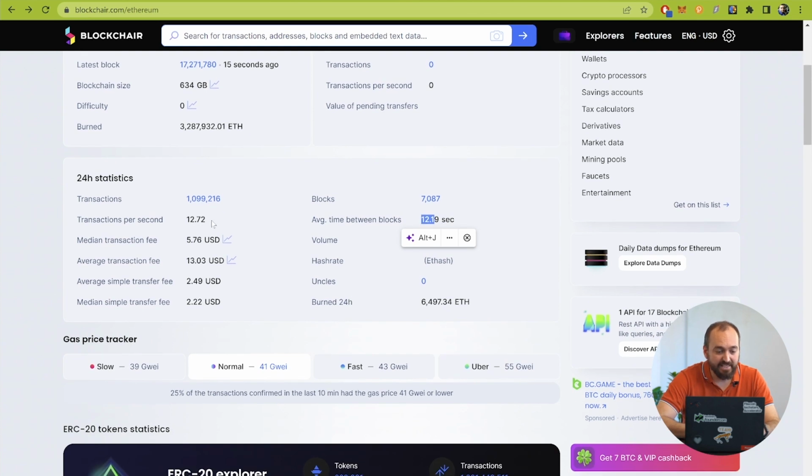And we can see that transactions per second is still around 12 transactions. Of course, it's twice bigger than Bitcoin, but it's still much less than Visa and MasterCard have. That's a problem for using blockchains as money transfer systems.